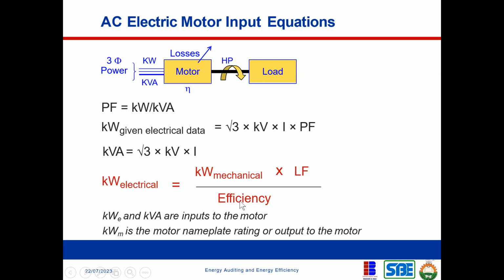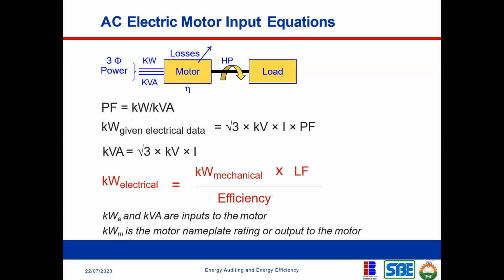Now, let me state here that when you look at the nameplate of any motor and you see the energy output, you see kilowatts. Please, it is kilowatt mechanical, not kilowatt electrical.